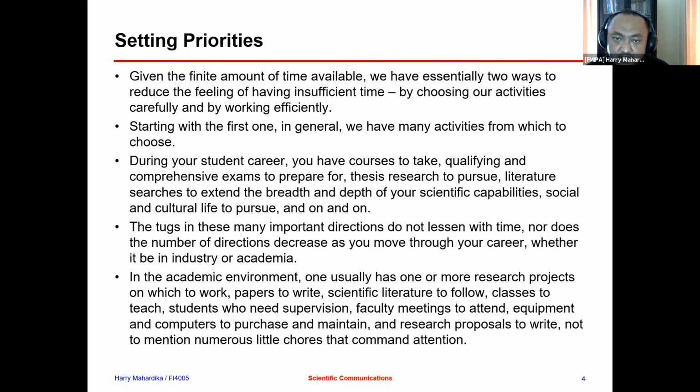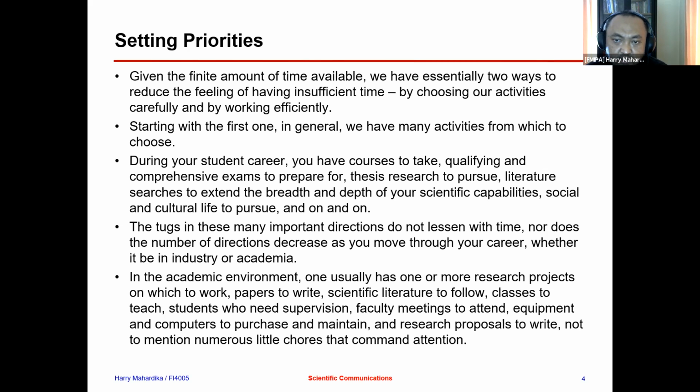Starting from the first one, in general, we have many activities from which to choose. During your student career, you have courses to take, qualifying and comprehensive exams to prepare. Even though in the physics study program we no longer have qualifying and comprehensive exams, we still have exams for classes.